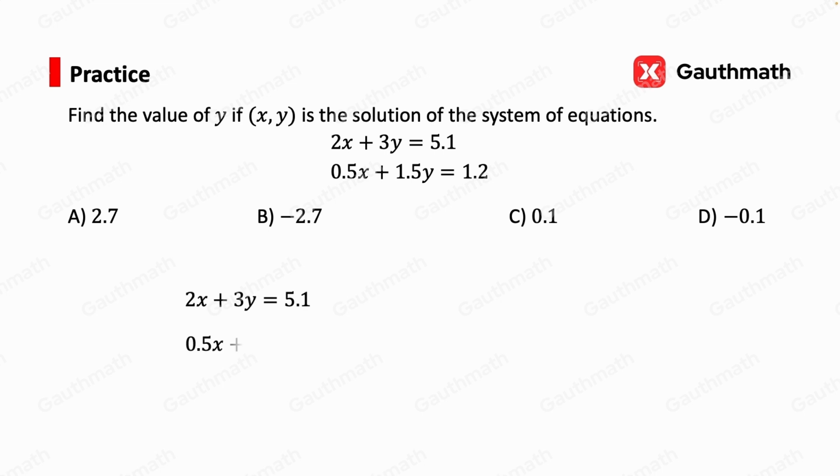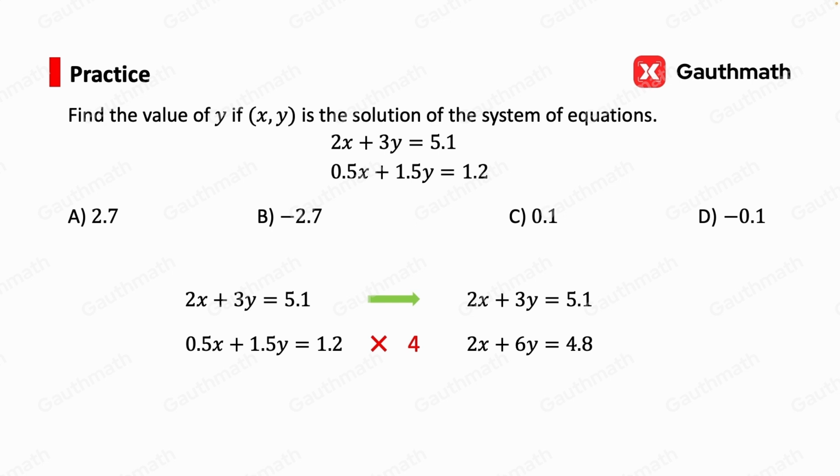When we look at these two equations again, we look at their coefficients. And then we realize if we multiply the second equation by 4, we will get 2x plus 6y equals 4.8. Then the first one, unchanged, 2x plus 3y equals 5.1. Now the coefficient of x in both equations is the same, 2.